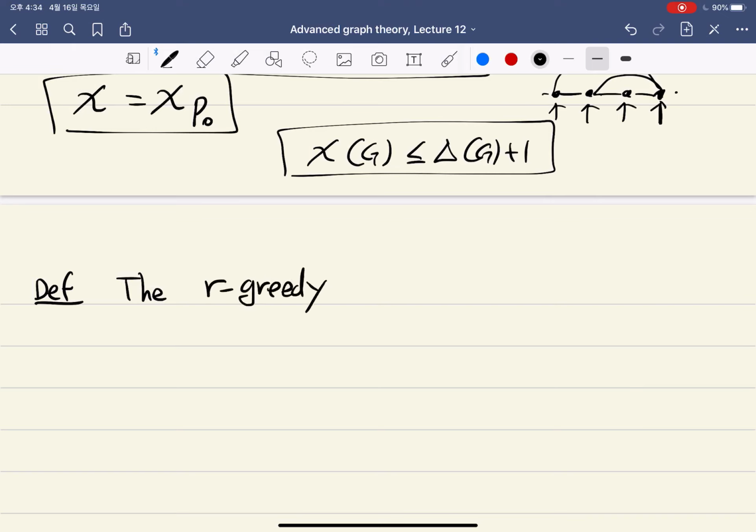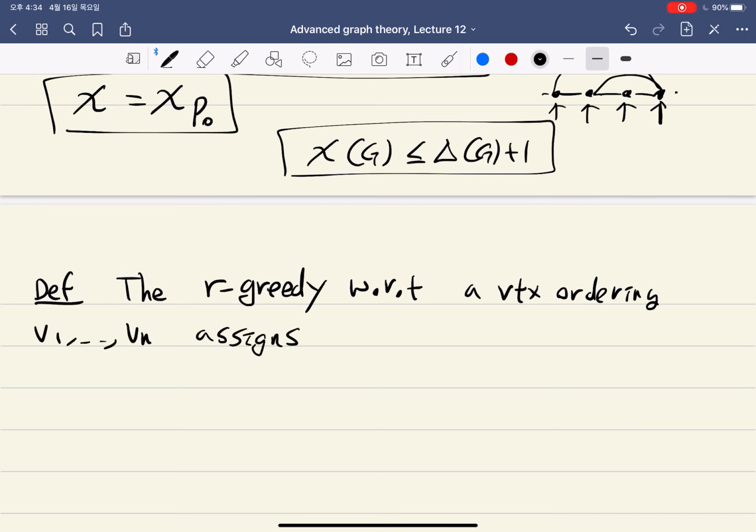So we can actually slightly generalize this greedy coloring to, let's say, the R greedy coloring with respect to a vertex ordering v1 to vn.